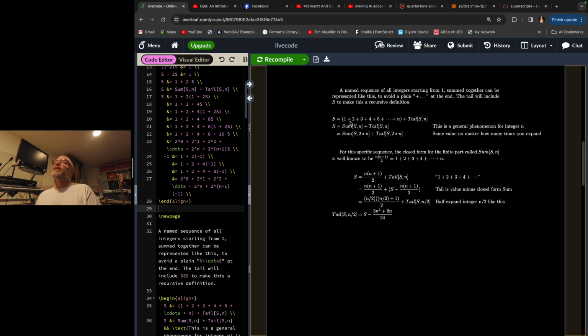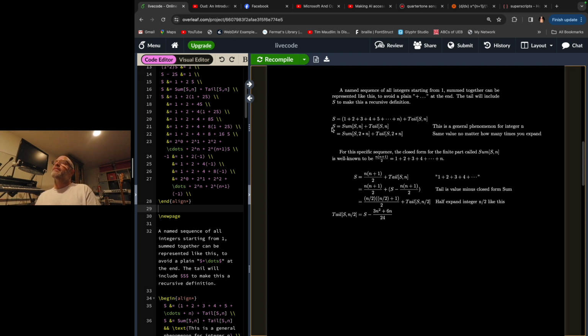So if I say 1 plus 2 plus tail s of 2, what I'm doing is saying I got tired and I didn't want to write everything after 2, and so I just put on tail. Most people will write it until it seems unambiguous, whether it's going to be powers of 2 or linearly increasing numbers.